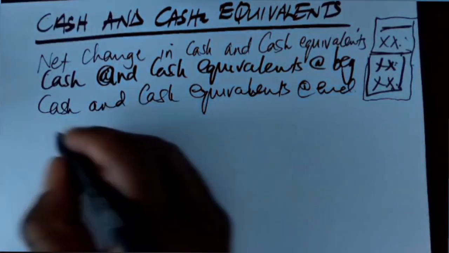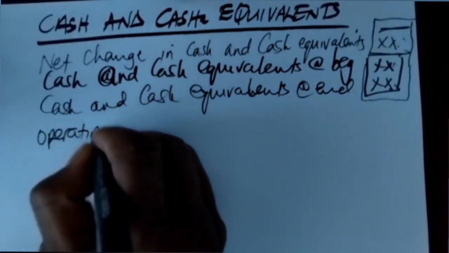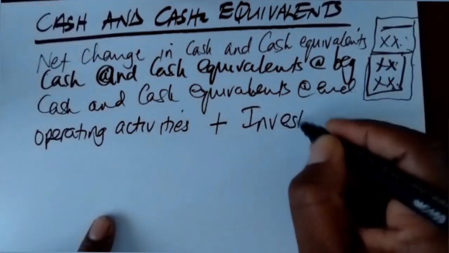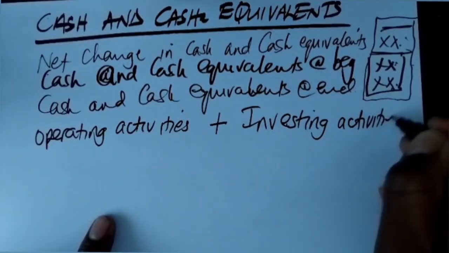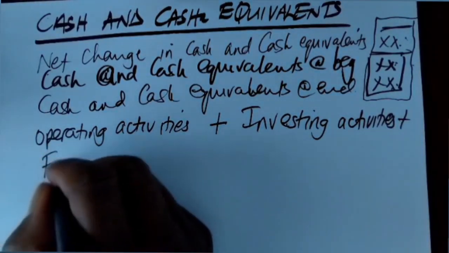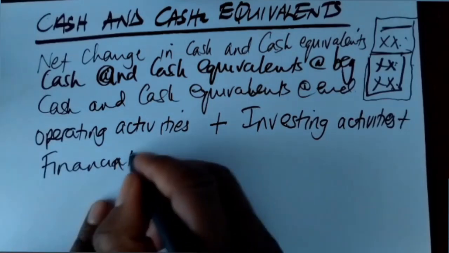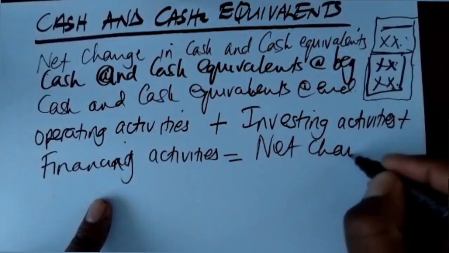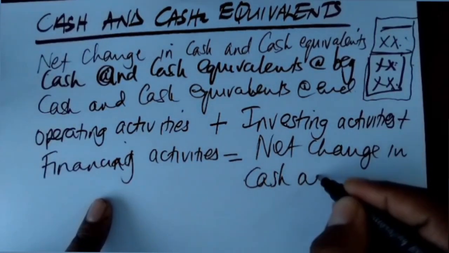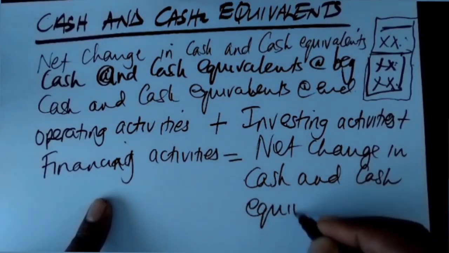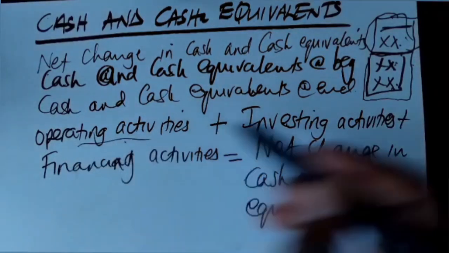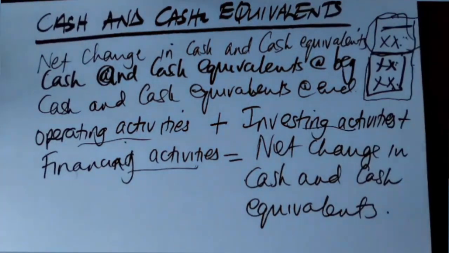Operating activities plus investing activities plus financing activities gives you the net change in cash and cash equivalents.